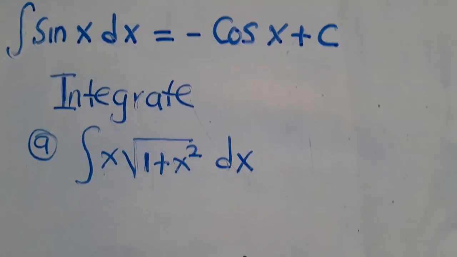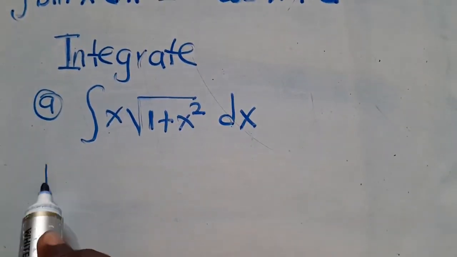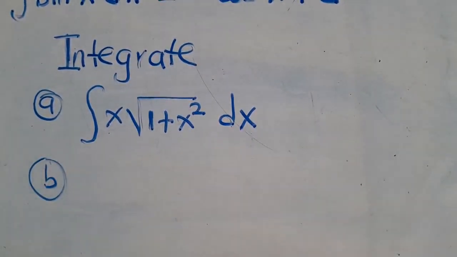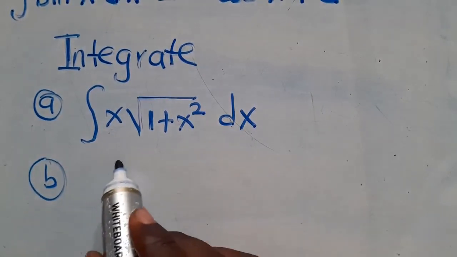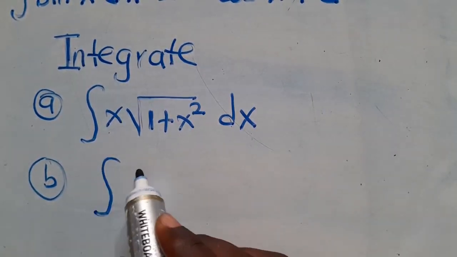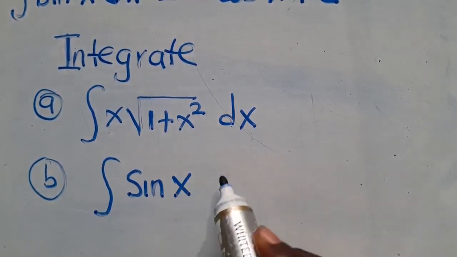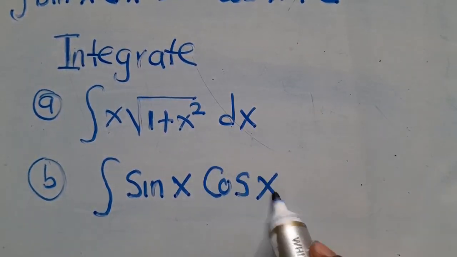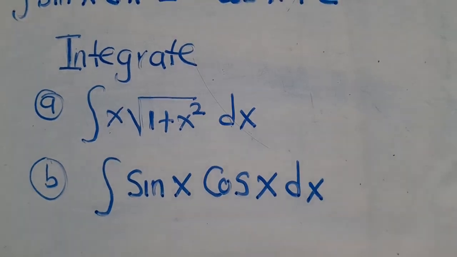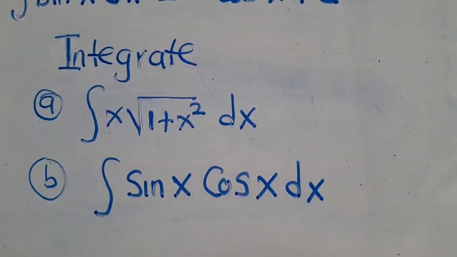I also want you to integrate sin x cos x dx. Answer these two ones and see how you can work them out, the answer that you are going to get. Let's see how we are going to form the answers. Thank you so much.